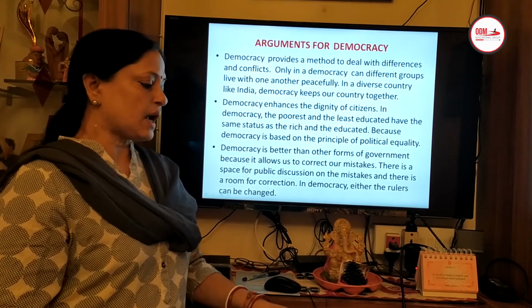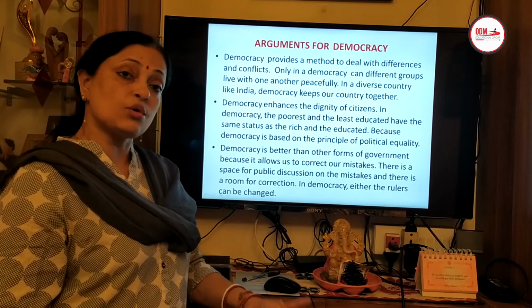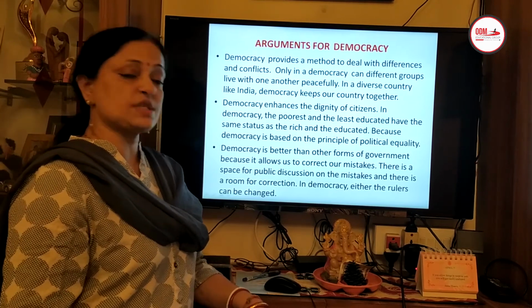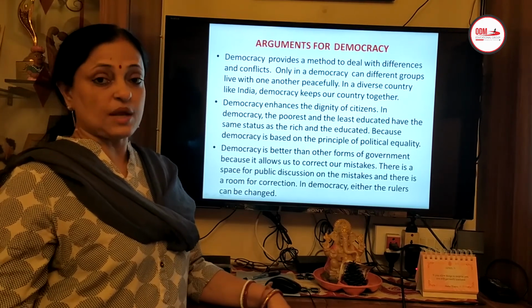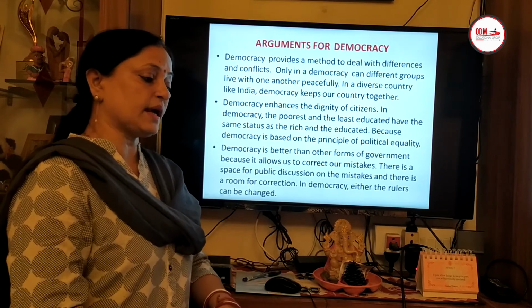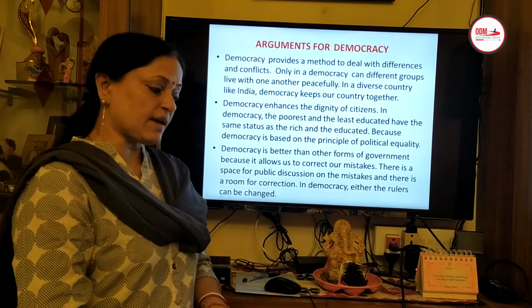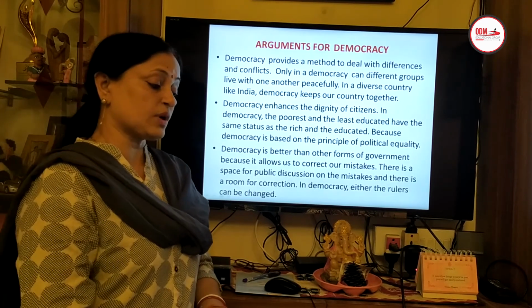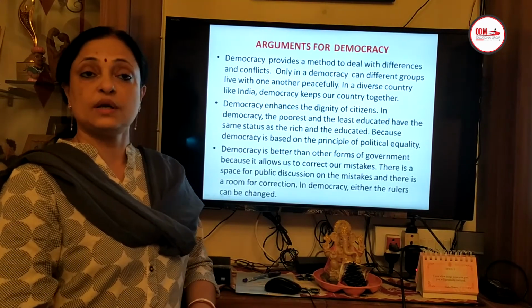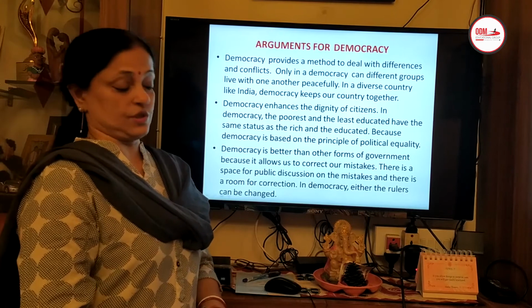Democracy is the only form of government which can bring them together and let different groups live with one another peacefully. So in a diverse country like India, democracy keeps our country together by its features.